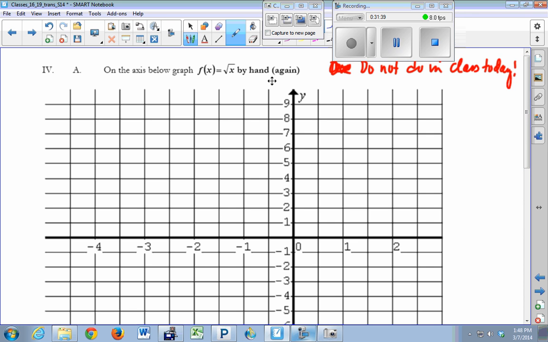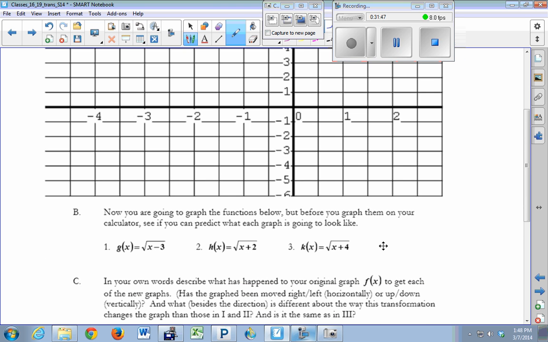Now, I didn't ask you to do this in class today, but you should, just for some practice with your square root function, take a look at this and see if something similar happens. So again, you're inside your function because your function is to take the square root, and you have a -3 here. So g of x is going to shift the function f of x to the right 3 units.